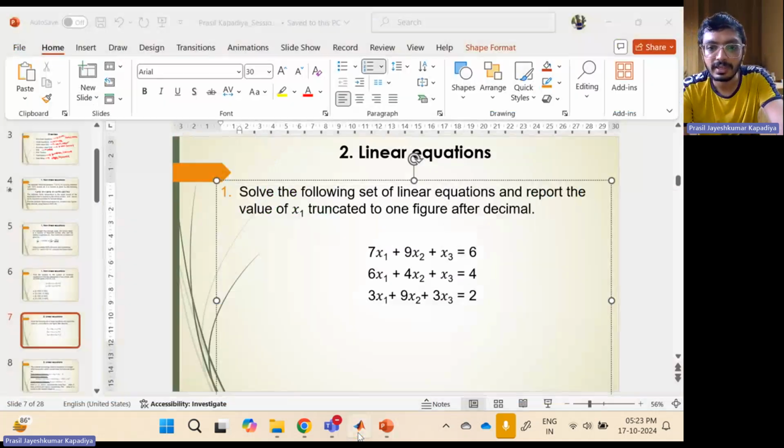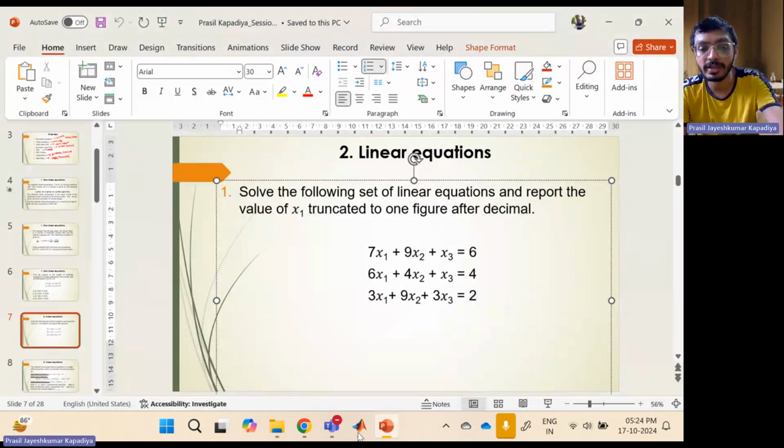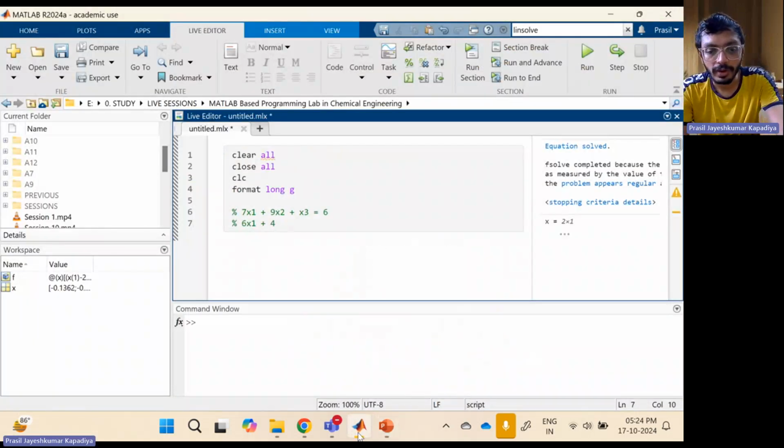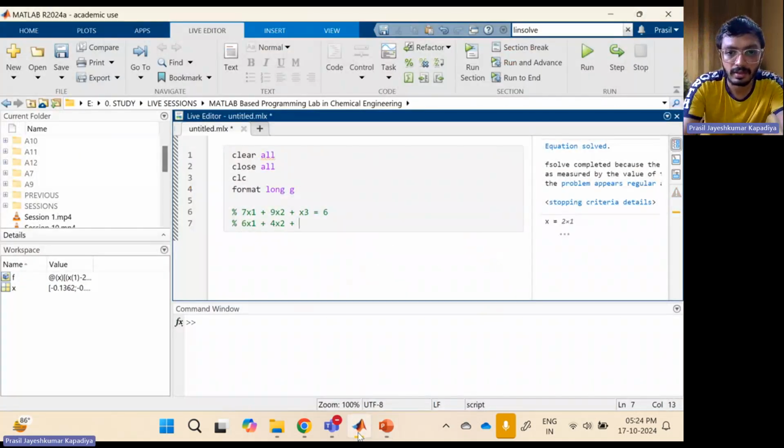Then our second equation is 6x1 plus 4x2 plus x3 is equal to 4.